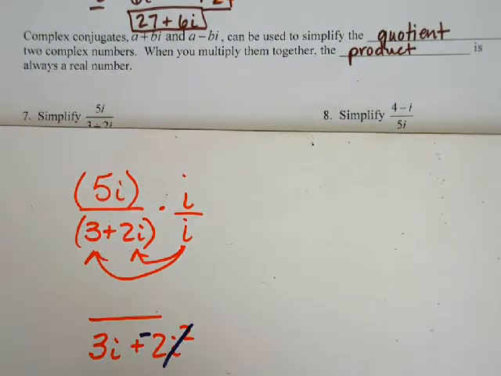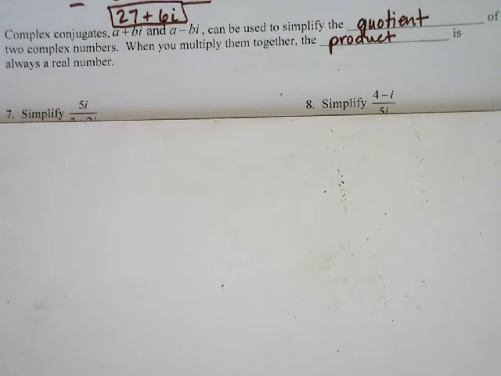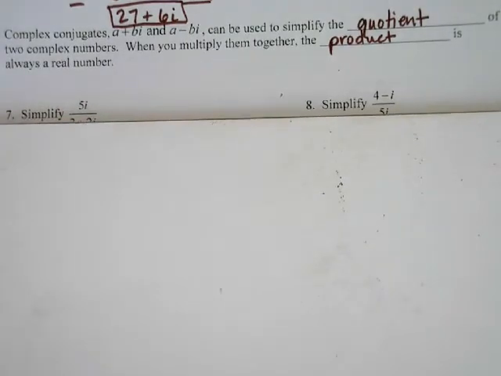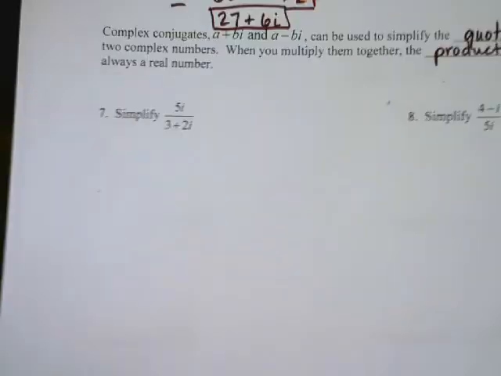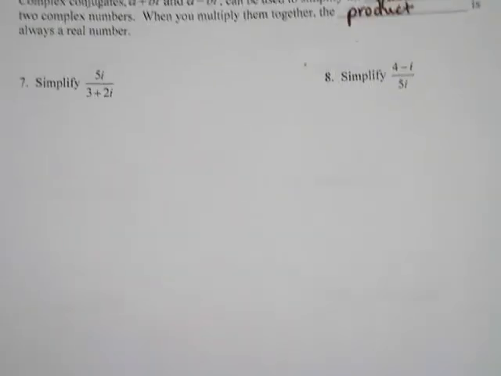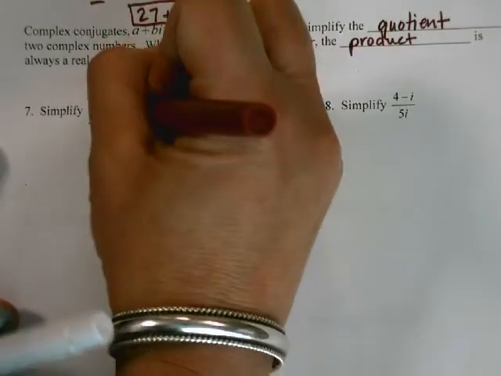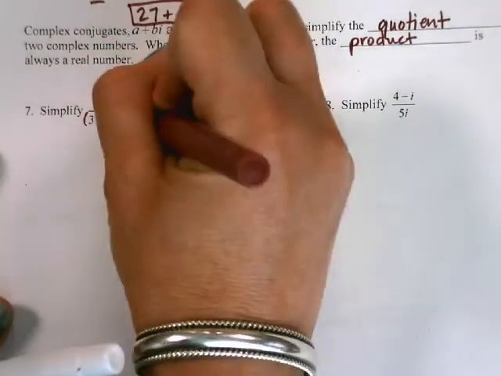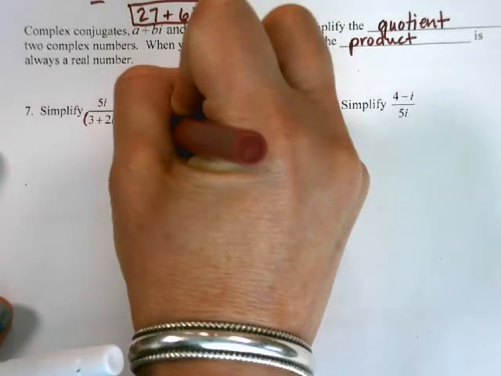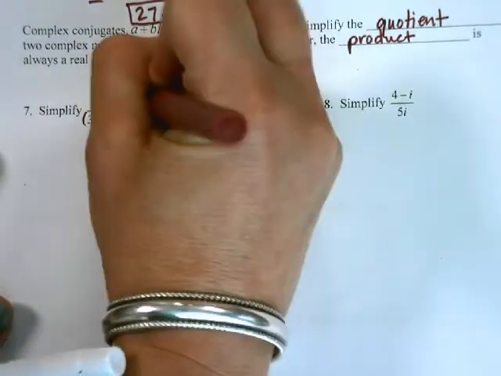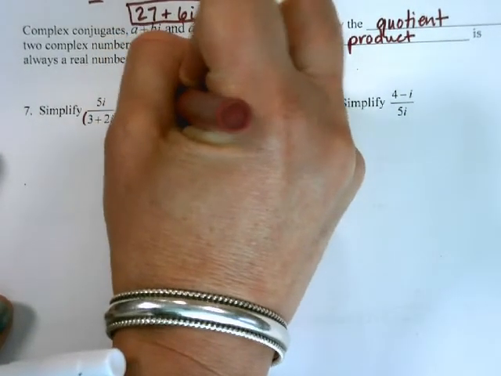So what I have to do is multiply by the conjugate. So what's the conjugate of my denominator? 3 minus 2i. And whatever you do to the denominator, you have to do to the numerator.